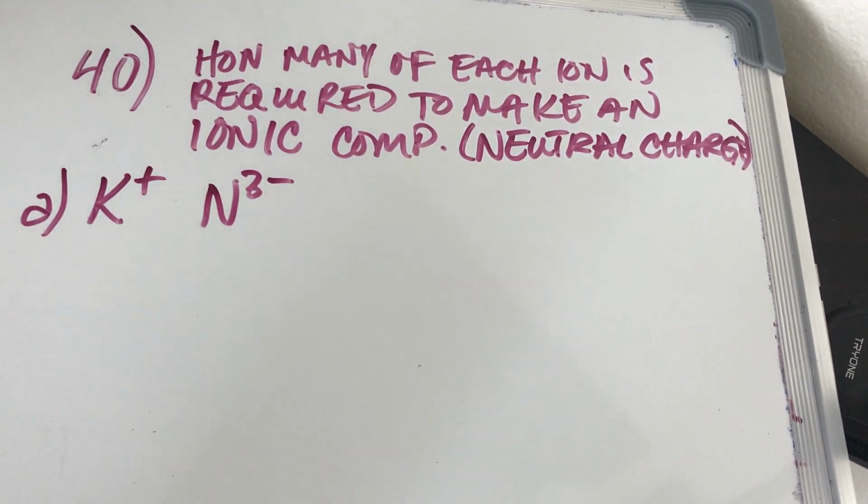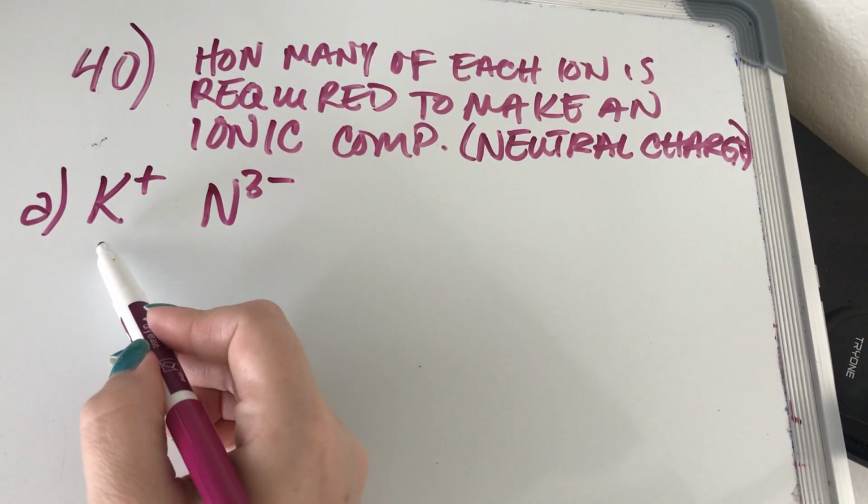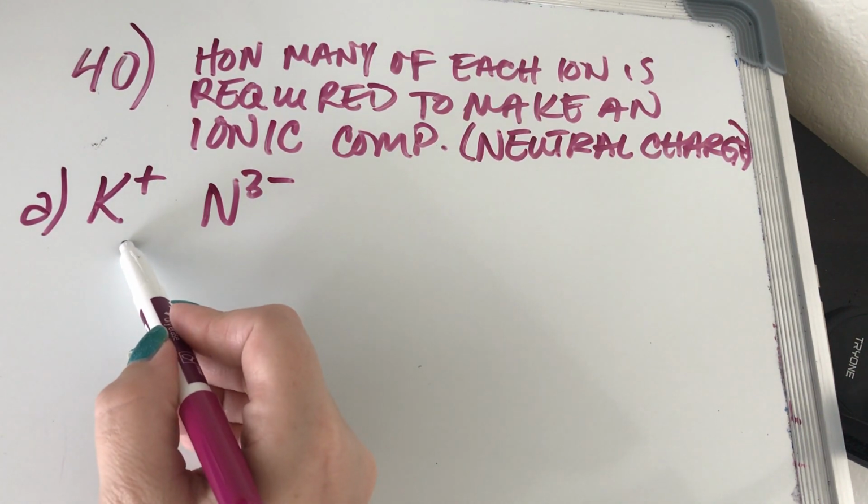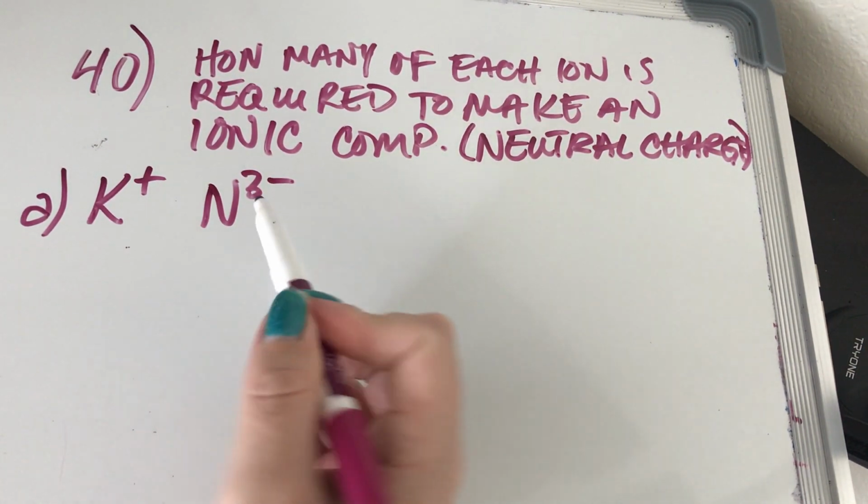You'll need 3 cations and 1 anion. Exactly, so you're going to need 3 of these for every 1 of these.